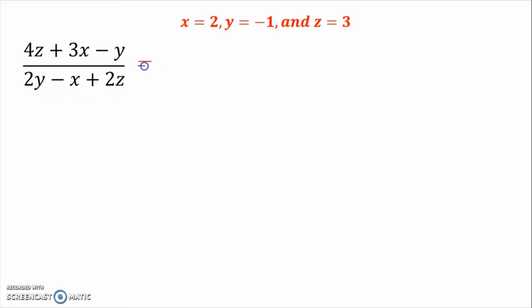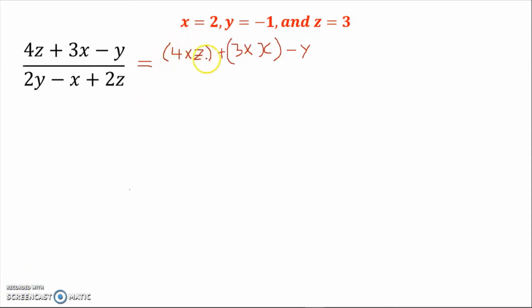That is equal to 4 times z plus 3 times x minus y, and we're going to put all this over 2 times y minus x plus 2 times z.